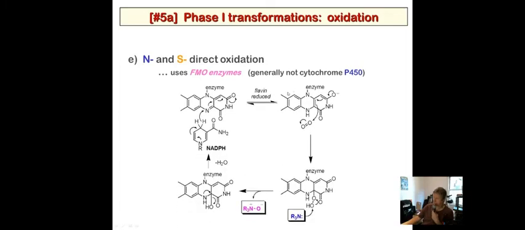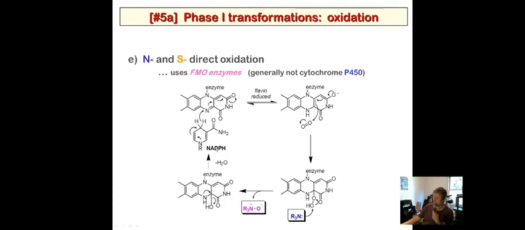Here's an example that shows the mechanism of it. How does the mechanism actually occur? Well, I'll start at the top left. The FMO enzymes have this flavin system.